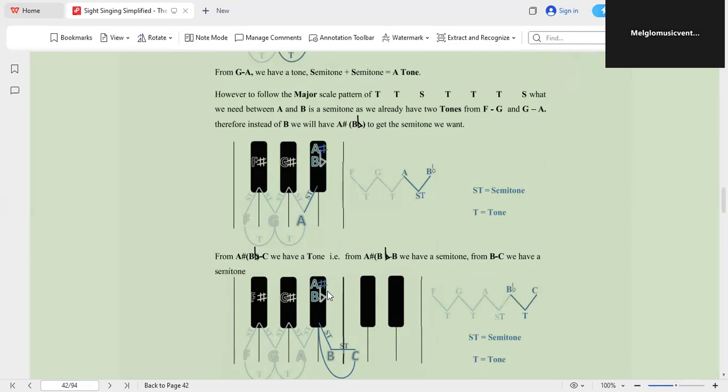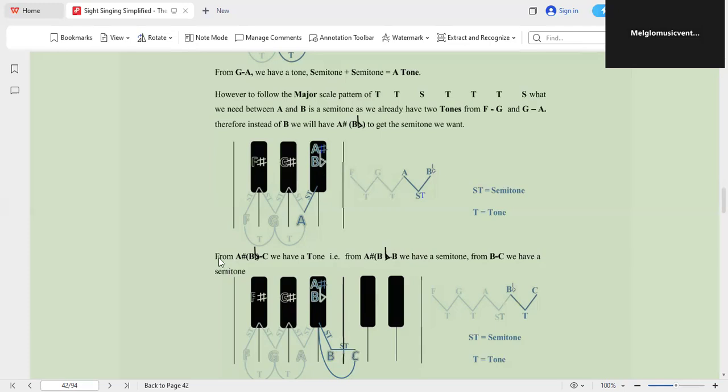So what we will do is, from B flat, we need a tone, and from B flat to B is a semitone, and then from B to C is a semitone. Let me explain properly again. We're already on B flat, right? Yes, we're already on B flat.